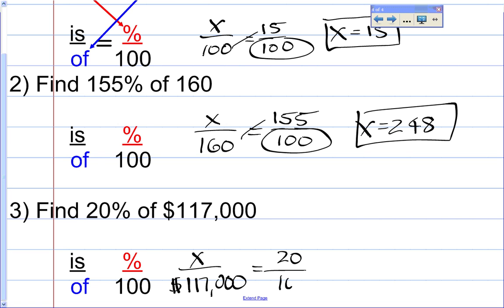20% over 100, multiply, divide. Again, I'm going to use my calculator. 20 times 117,000 divided by 100, and I get $23,400.